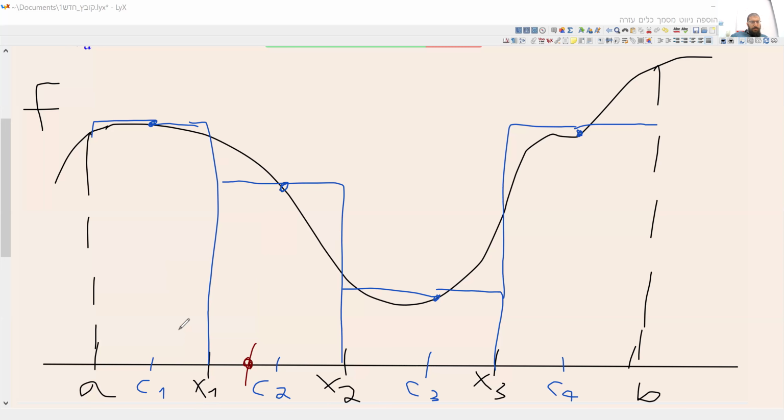The gap is just this and this instead of all this pizza slice. So intuitively, it is correct. Adding points to the partition and so to the point choosing improves the approximation.